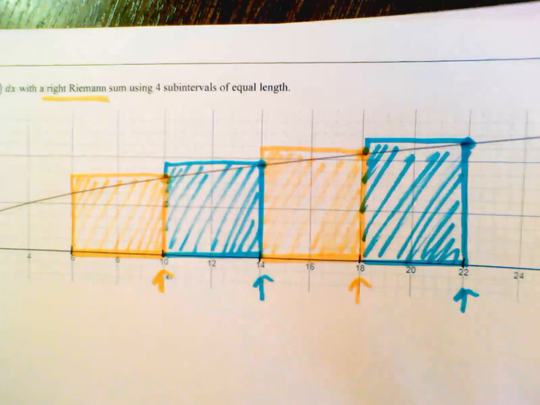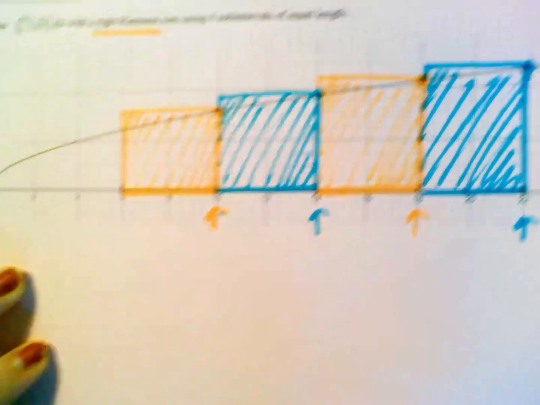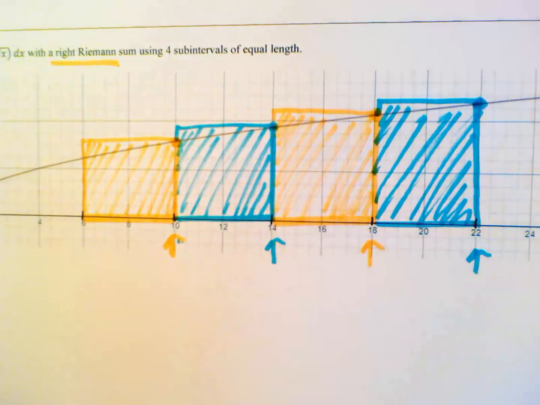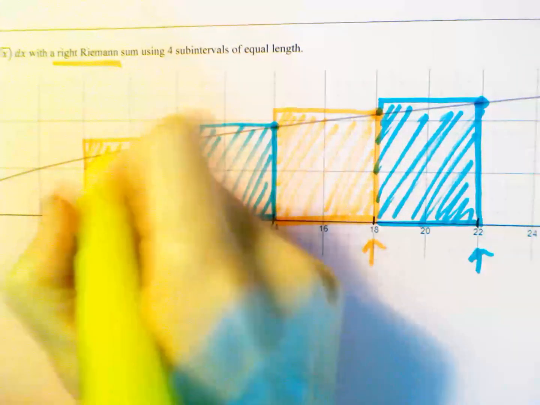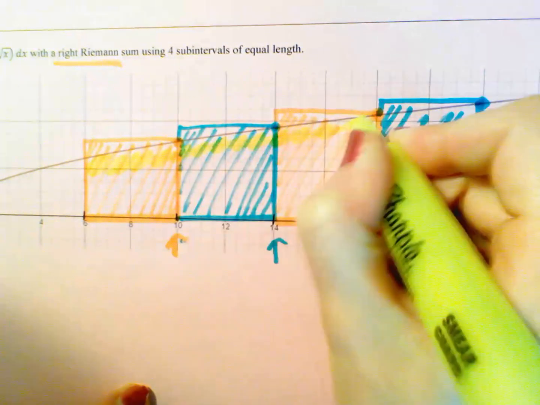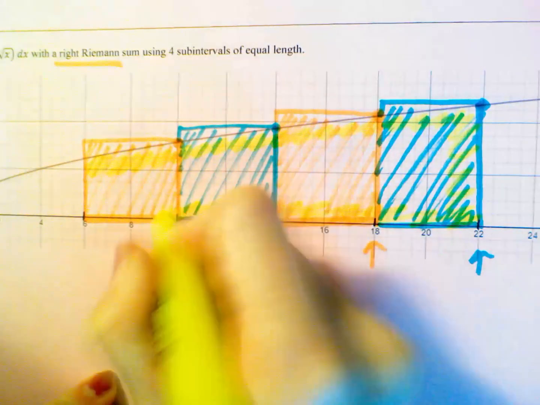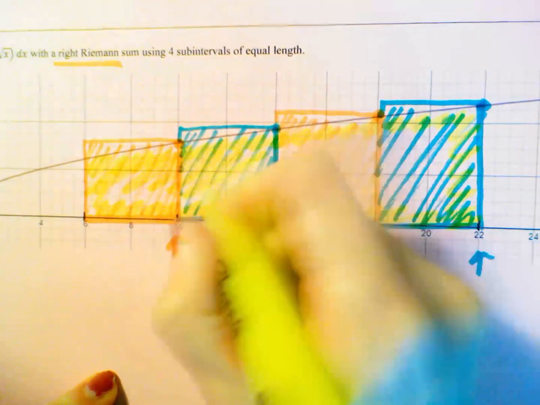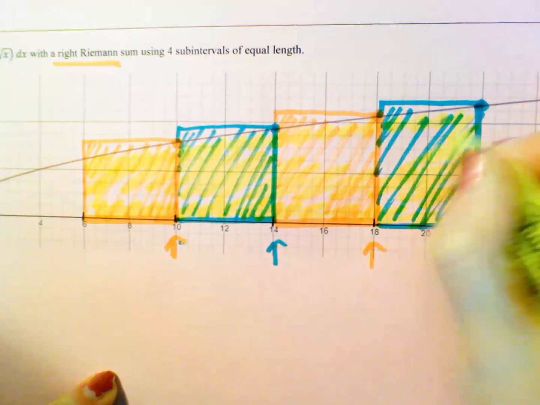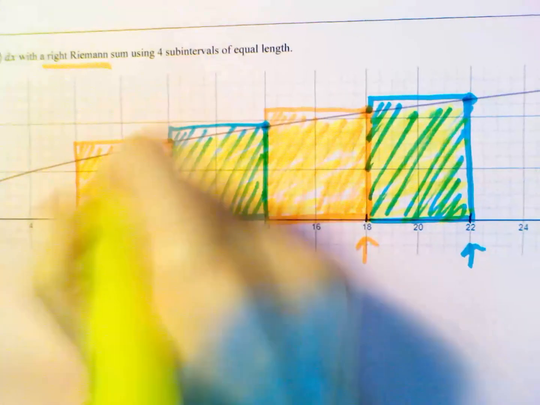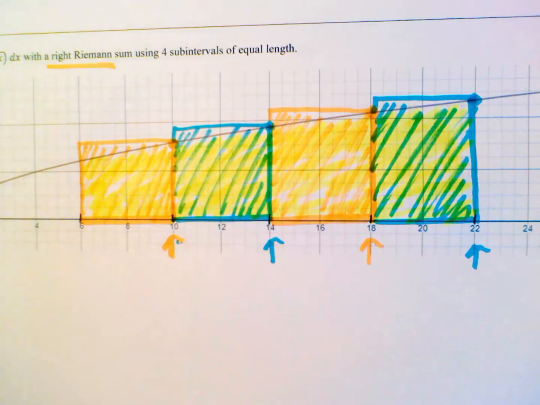Okay, so this time you add the area of these 4 rectangles, and that's going to give you an approximate area. Oh, and I mean this, we don't have to do this, but let me color in yellow the actual area. Okay, so the yellow is the actual area.